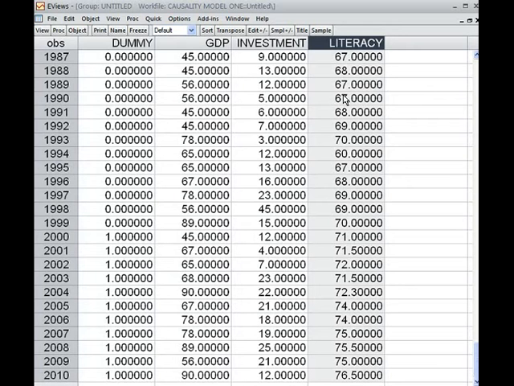We just assume that the GDP, investment and literacy, these three variables, become stationary after first difference.